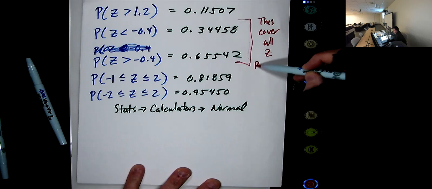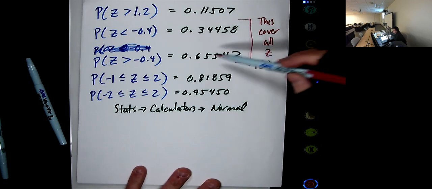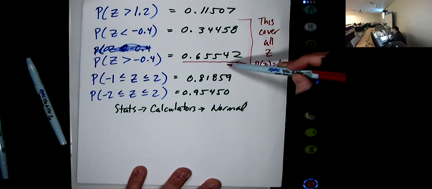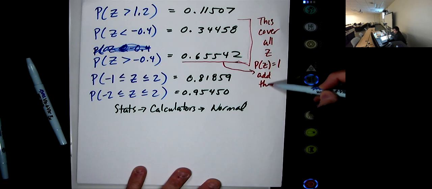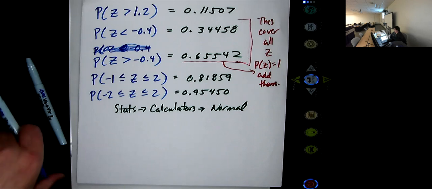So the probability of z altogether there should equal 1. Which means if I add those up, I should get 1. Which is an interesting thing.